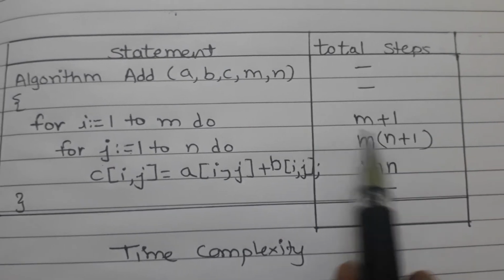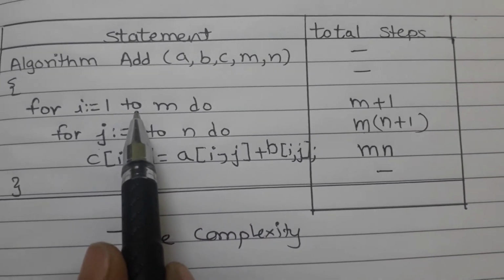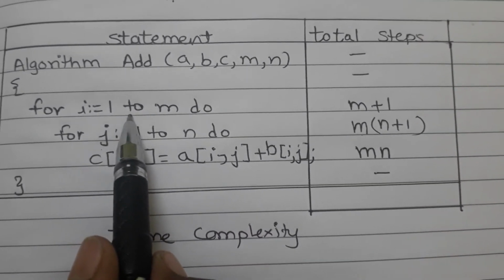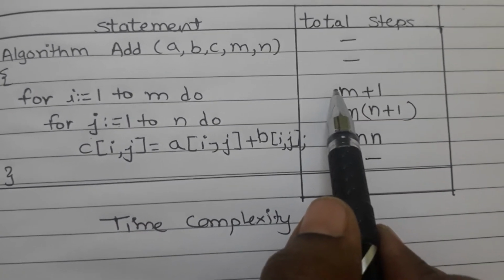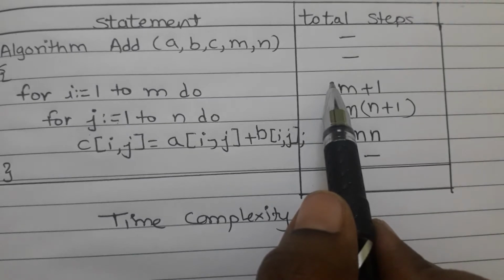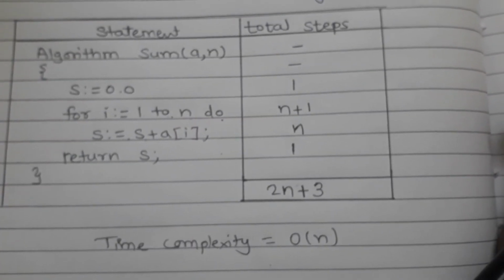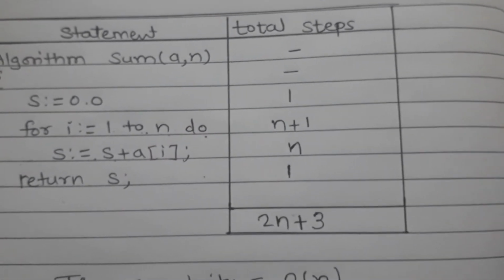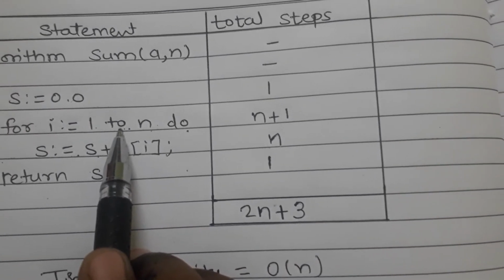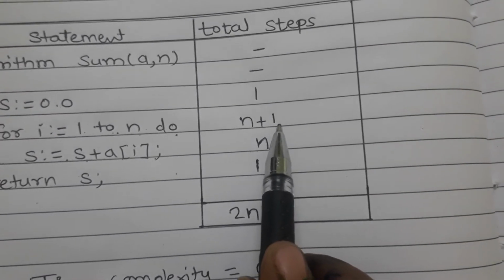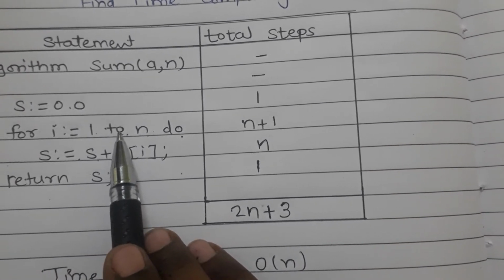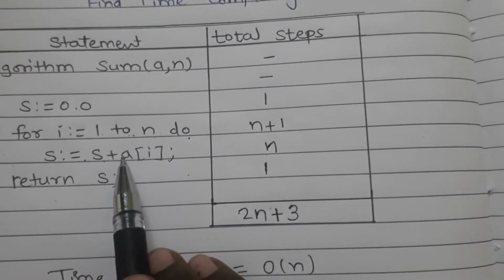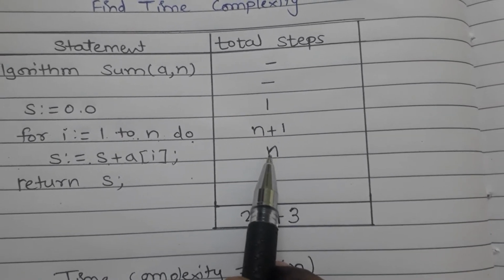Again I repeat: this outer for loop will be executed m plus 1 times, and as you can see from the last example, this inner for statement will be executed n plus 1 times, and whatever statements are present in it will be executed n times.